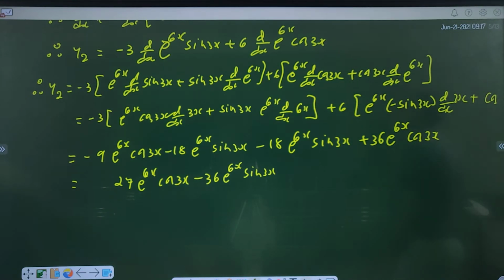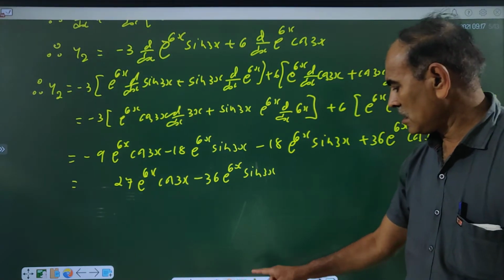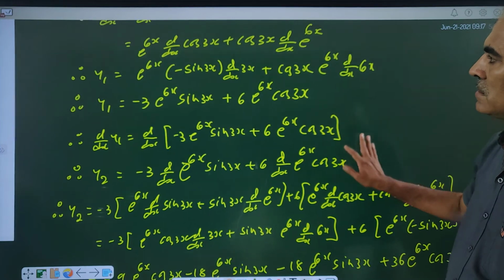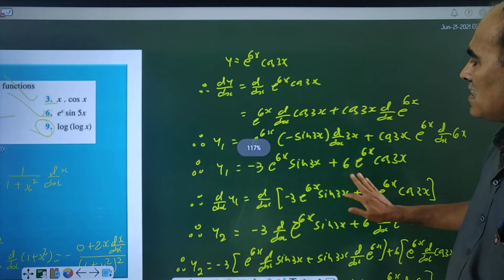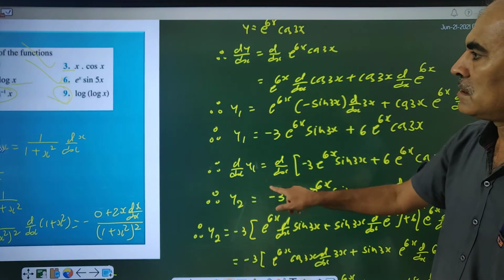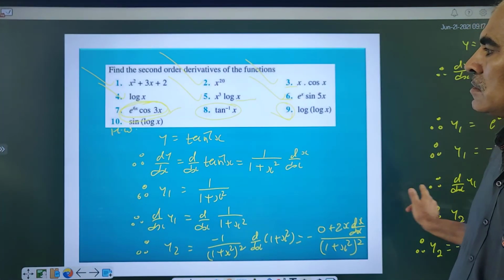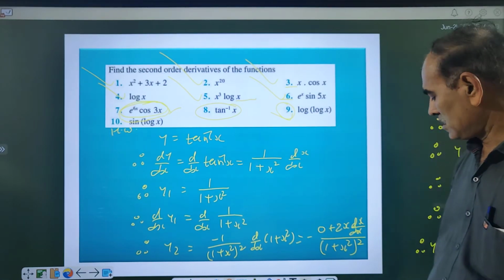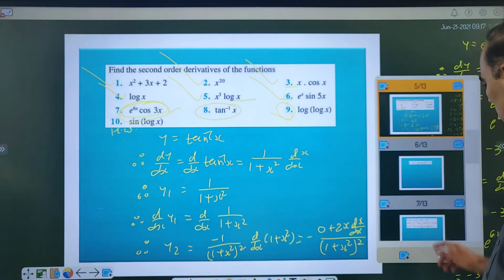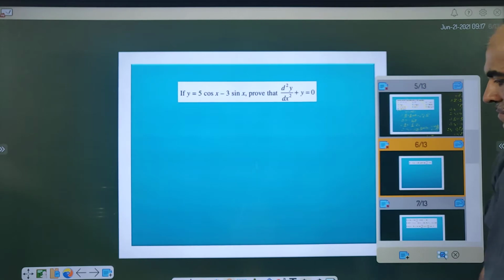So this is the second derivative. Okay? Yes. See, for this part, now all of you are able to solve the remaining sums, how to find the second derivative. Next slide. See here.